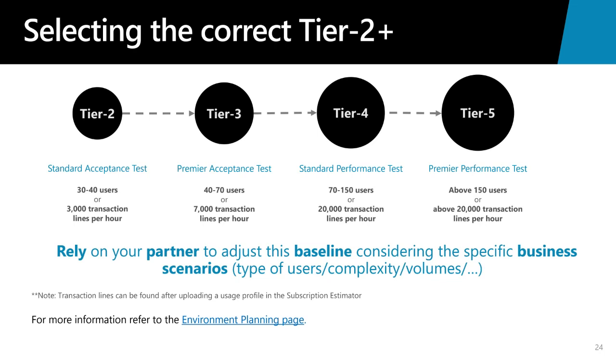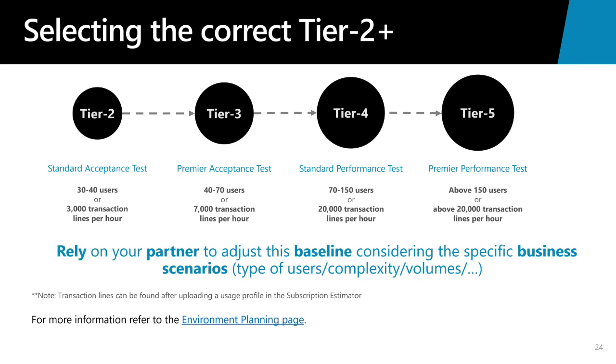So here is the baseline that can help you justify the correct tier for any of the purposes, including data migration, training, UAT, etc. For the transaction volume, after you upload a subscription estimator and mark it as active in LCS, the total transaction volume will be calculated automatically, and you can view the result of the transaction lines per hour in LCS, and based on that transaction volume choose the correct tier.